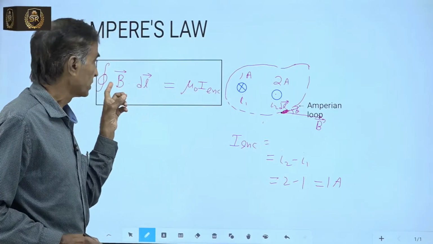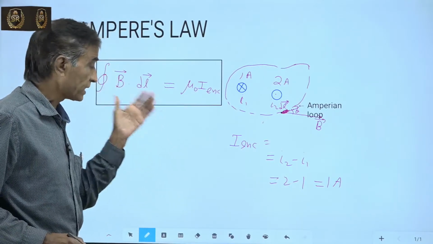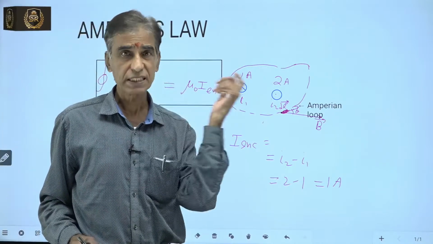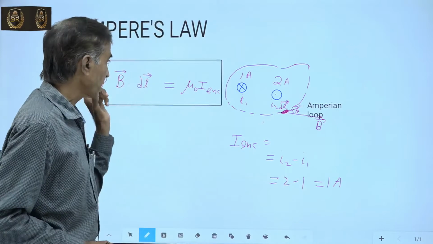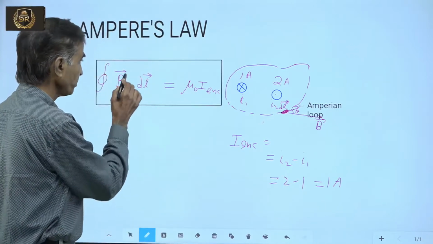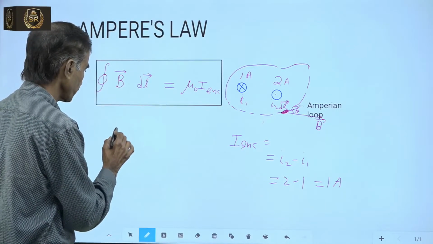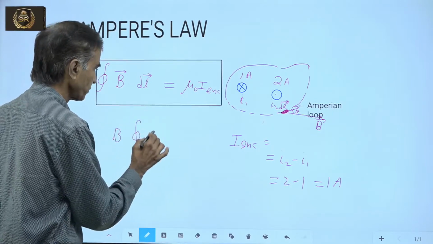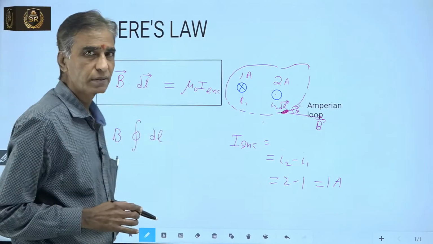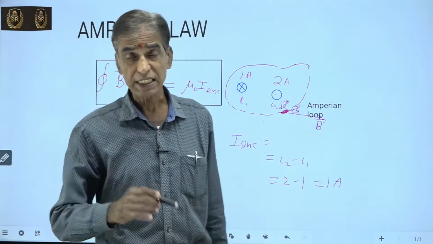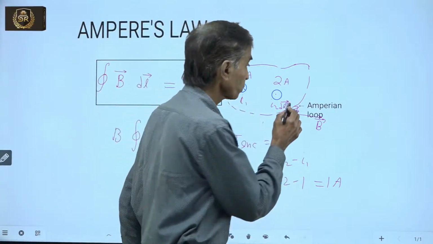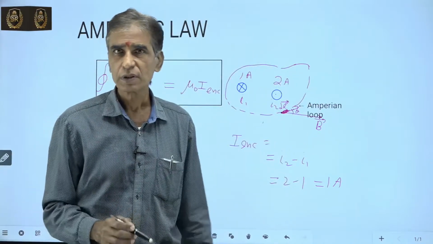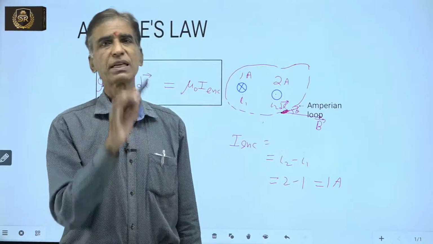Then what I will do is, in most of the cases B will be a uniform magnetic field, because of symmetry. So we take B outside. B is constant here. Then the line integral of dl means the total length of the Amperean loop.